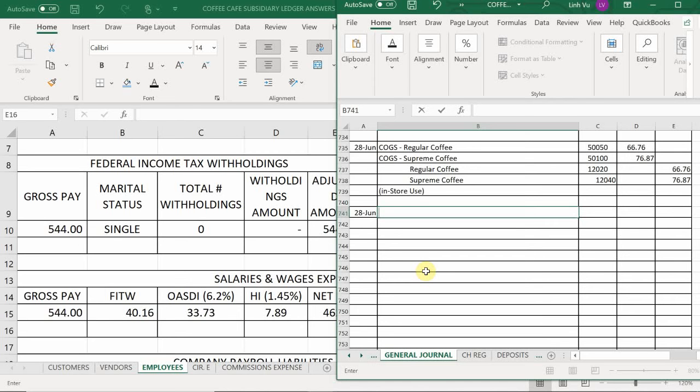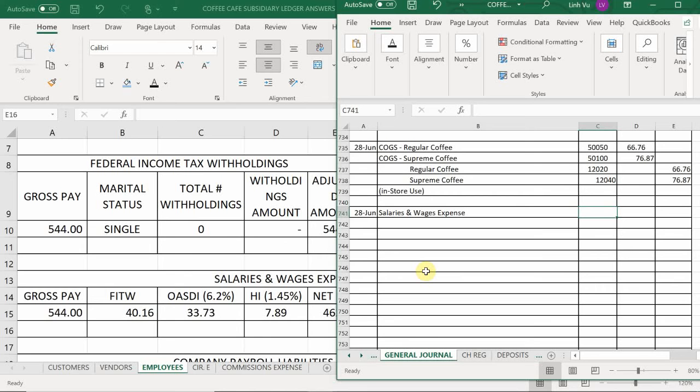6810 for salary and wages expense. Salaries and wages expense. Good, exactly. It's not a general payroll expense, but it is going to be a salaries and wages expense. Good. Salaries and wages expense.